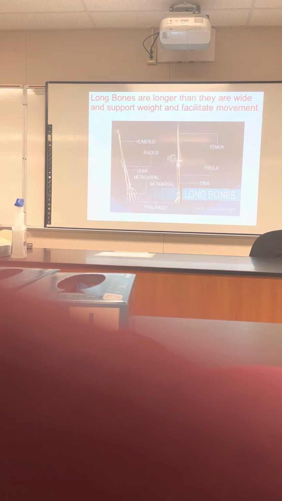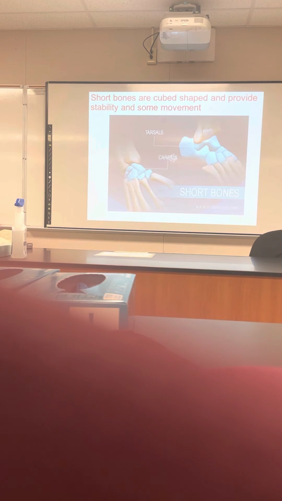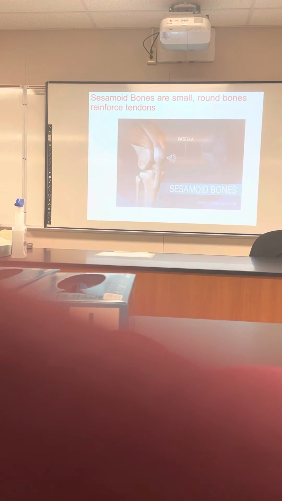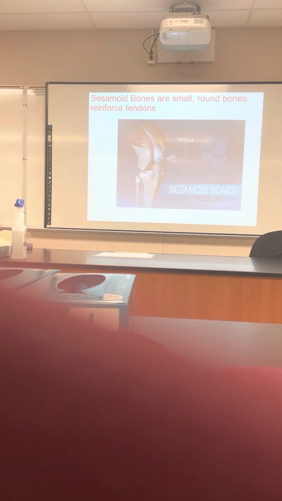And then what's the function of long bones, short bones, irregular, and sesamoid? So just remember what's highlighted in red. That's where I made the question from. Alright, questions, comments so far?